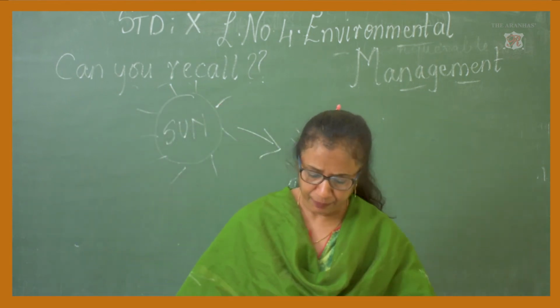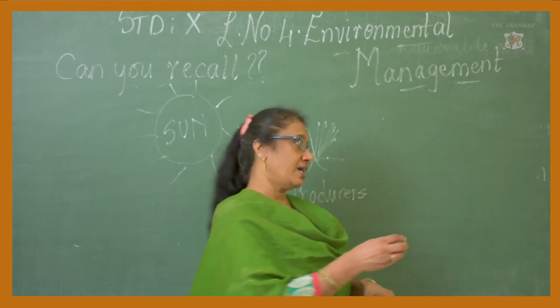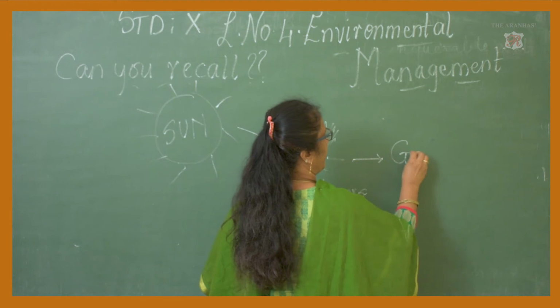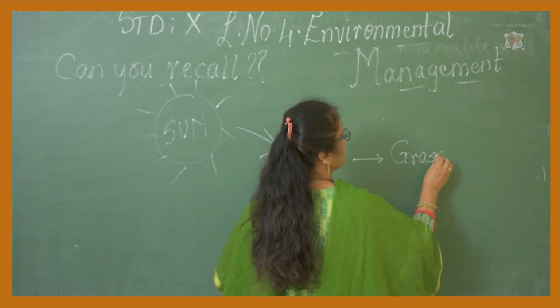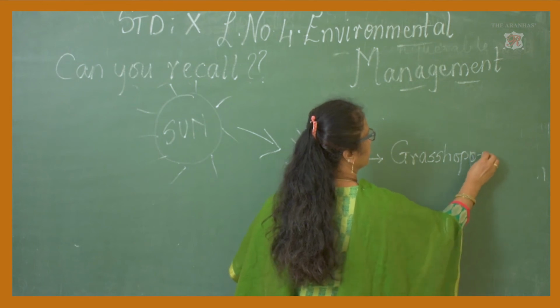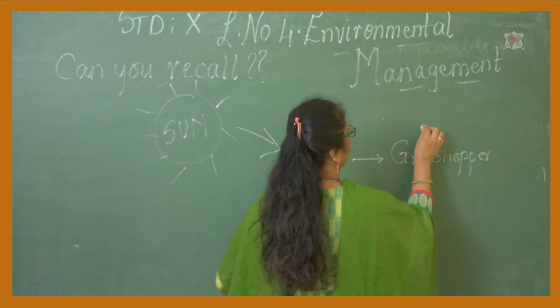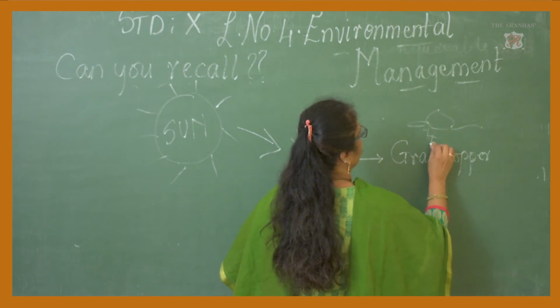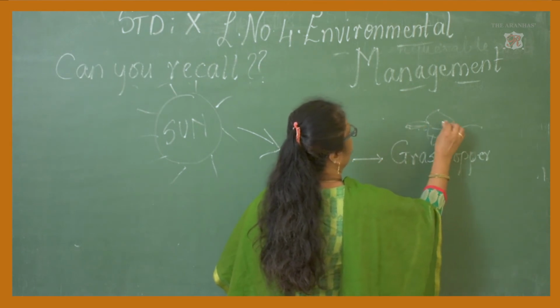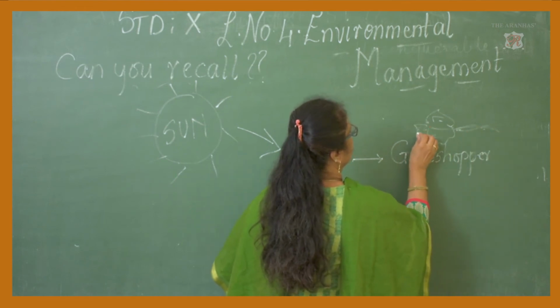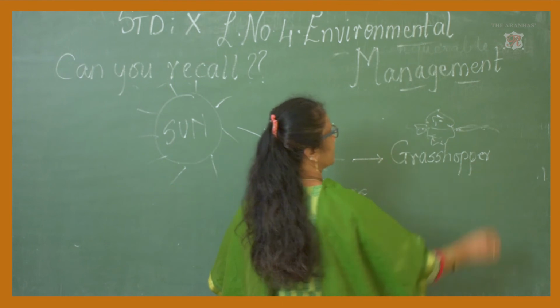Alright. The next is the food that is produced. The grass which has grown is the food for a grasshopper. I'm going to draw a small sketch of the grasshopper for you.